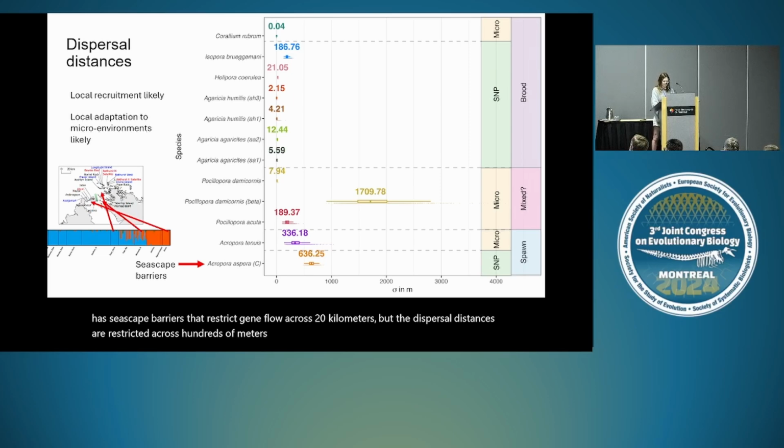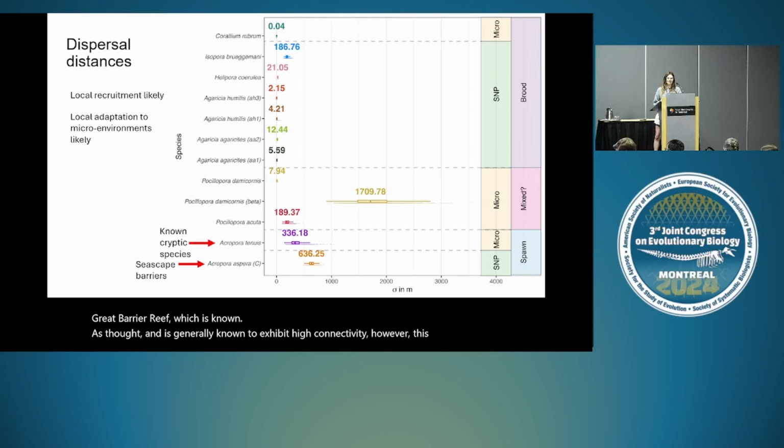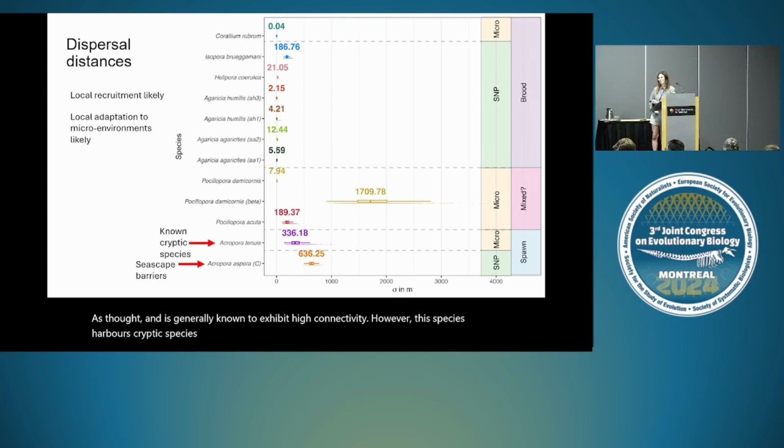This spawning microsatellite estimate is from the Great Barrier Reef, which is generally known to exhibit high connectivity. However, this species harbours cryptic species which are undetectable from microsatellites, so this estimate is likely biased.